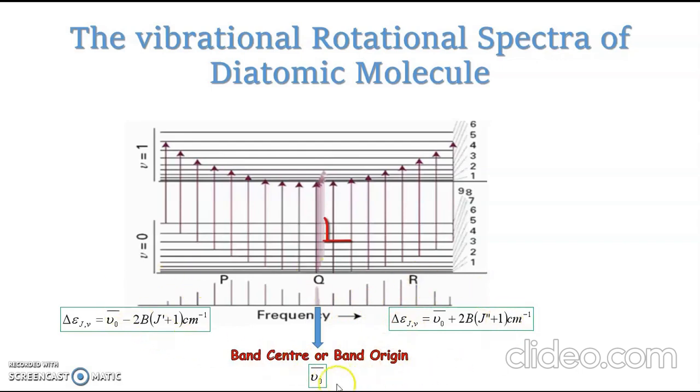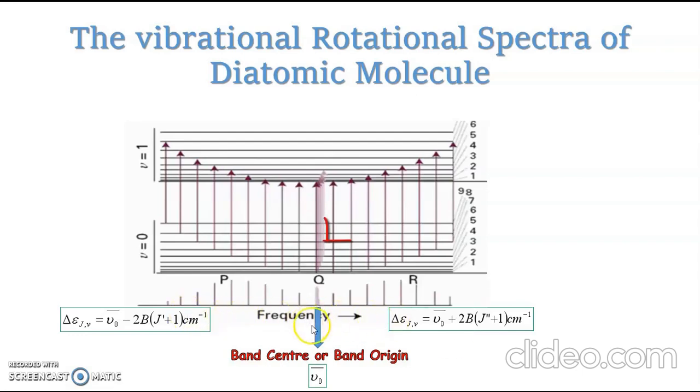And for Q branch, the lines will be at mu 0 bar, and it will not appear in the spectrum. The lines to the low frequency side of mu 0 bar are called P branch. It will be less than mu 0 bar, and the high frequency side of mu 0 bar is the R branch.